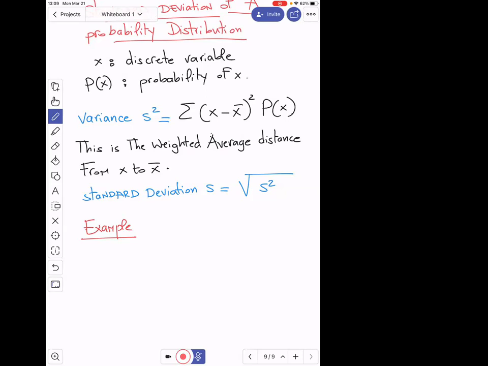So X here in this example is the number of prisoners, say, out of 5, who become repeat offenders. So the largest possible value of X would be 5 repeat offenders, of course.